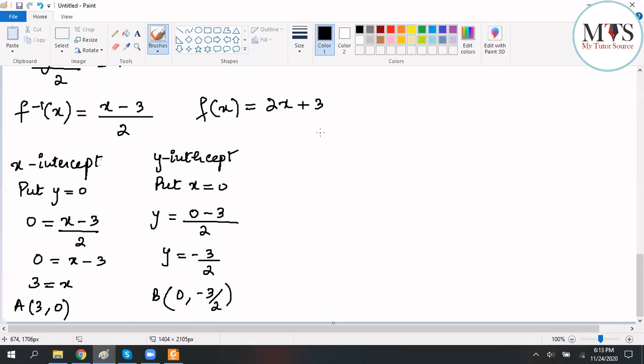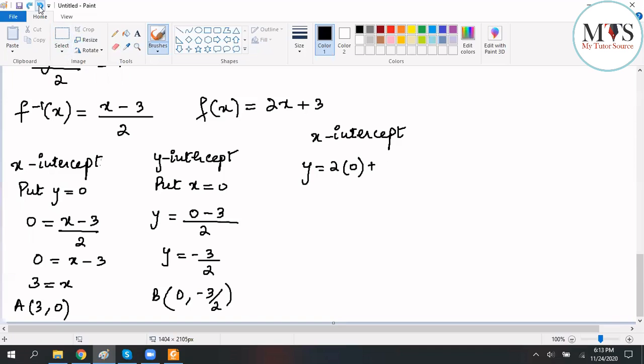Now we repeat the same for your original function. So, one second. X-intercept would be what then? 3 and 0.